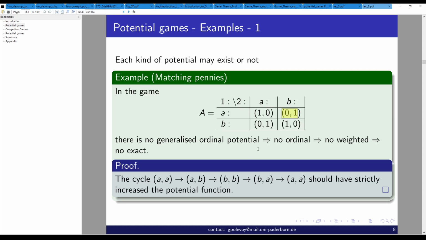From AB to BB, the row player changes and increases from 0 to 1. The second player actually decreases, but it does not matter. And so on. From BB to BA, the column player changes and increases from 0 to 1.